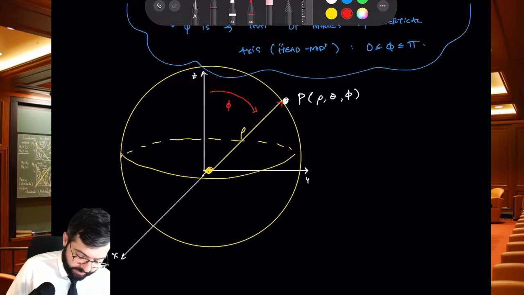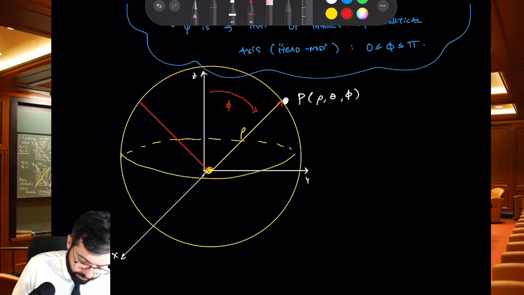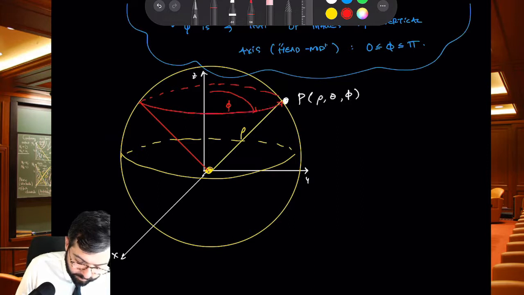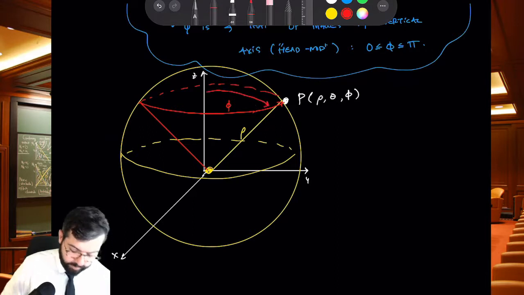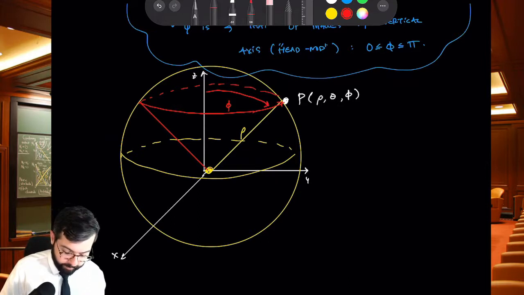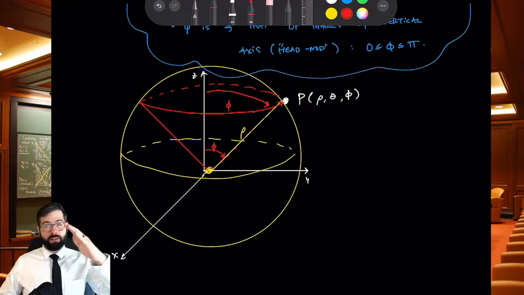And if we fix that phi, it forms a cone that goes around this sphere. Think of it there, or you can think of it down here, whatever. But it forms this cone. If you fix phi and let rho and theta vary, it's just all the points on this cone.